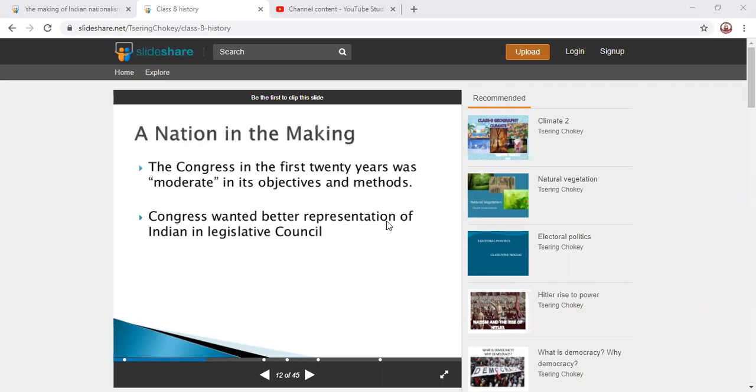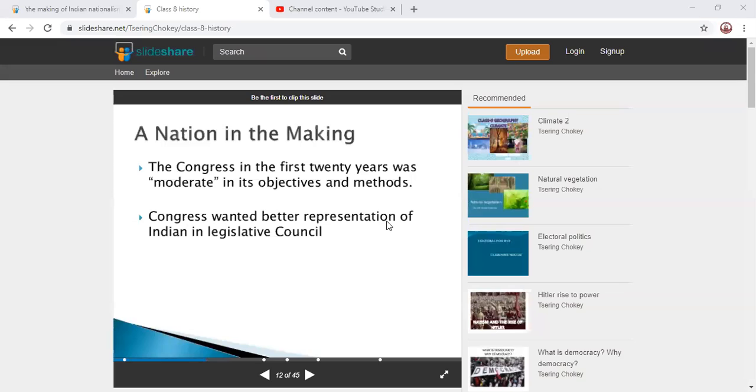So, what were the demands of the moderates in the Indian National Congress?